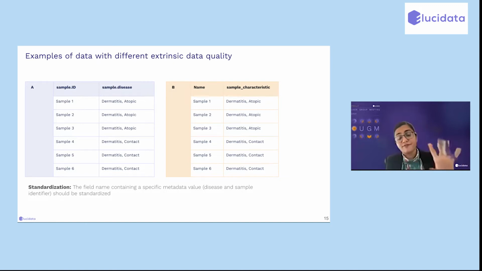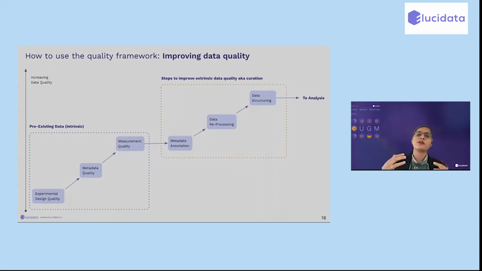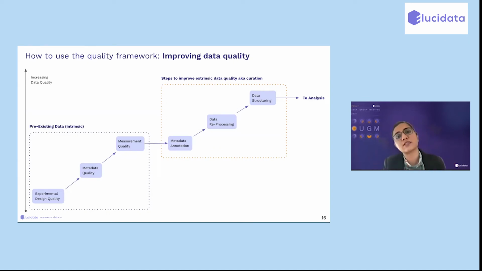So this is very briefly about what intrinsic and extrinsic data quality means. Now, what is really important is how can you use this in your own work? So what this framework does is give us a language to talk about data quality.